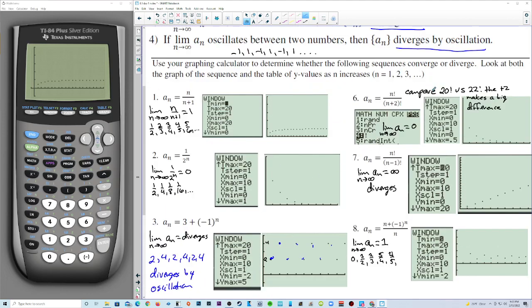N factorial. If you compare 20 factorial to 22 factorial, 22 factorial is actually much bigger.